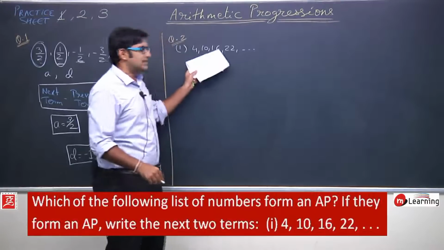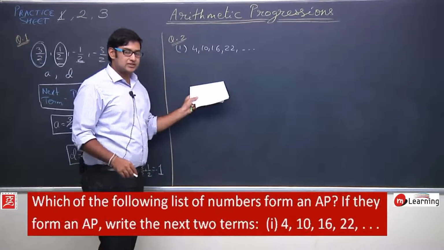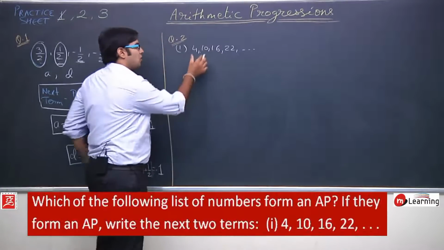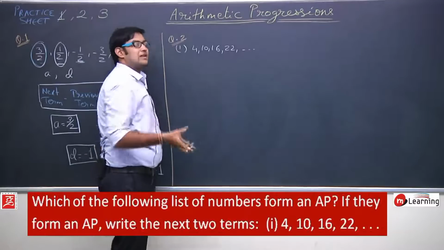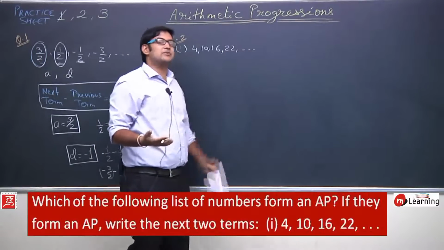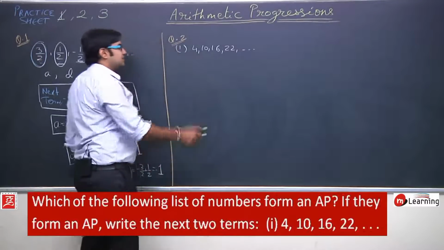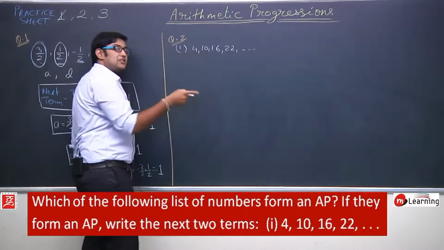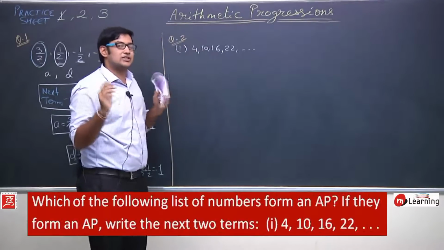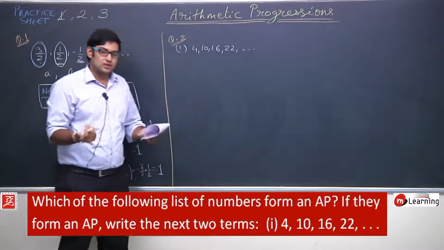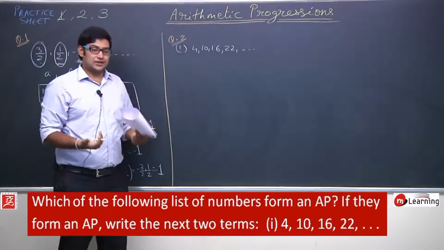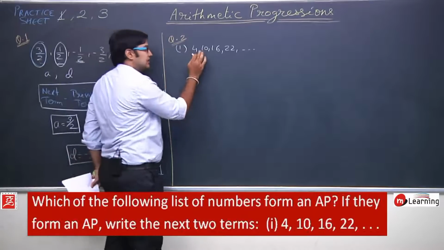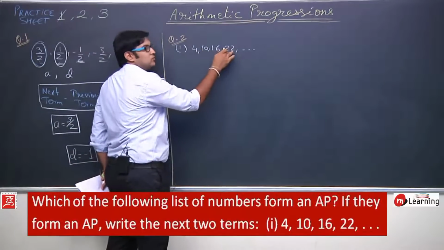If in this list next term minus previous term is constant for all the differences, for all the values, then I will say that this is an arithmetic progression. So 4 is the first term of this list, 10 is the second term of this list. I am not saying that this is an AP. That is what we need to determine. So this is the first term of the list, second term, third term, fourth term.